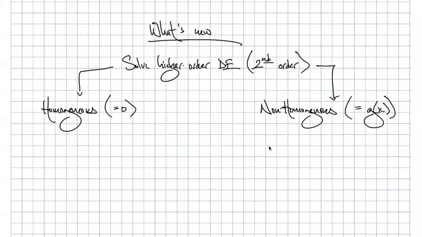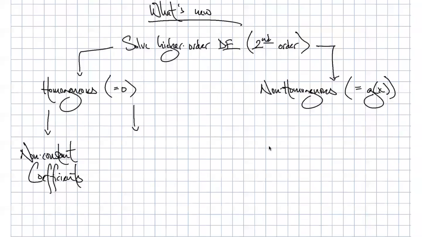And so we're going to start with the easier case, which is when the equation equals 0, the homogeneous case. And in our homogeneous case, we're going to take a look at two categories once again. We're going to look at a situation where we have non-constant coefficients, and then situations where we have constant coefficients.